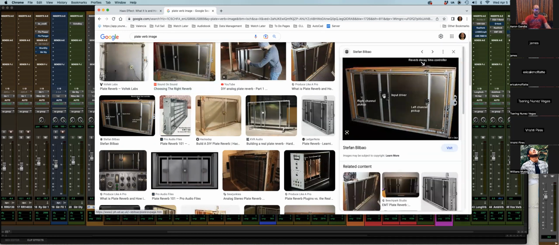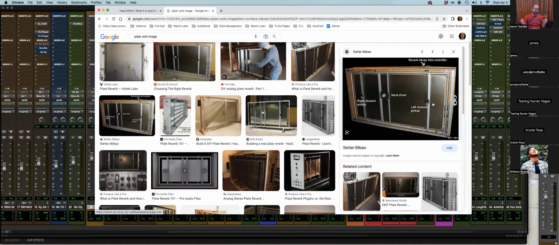This is a driver. Here's a speaker that's attached to that plate, and that speaker is vibrating that metal plate. And then there are pickups on each side of that plate, and those pickups are giving you the left and right reverb of the plate.